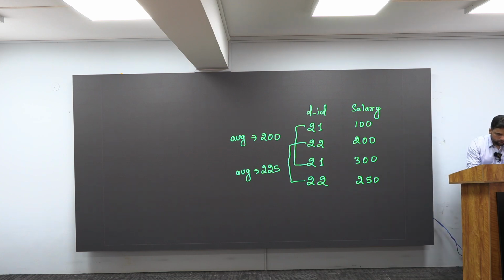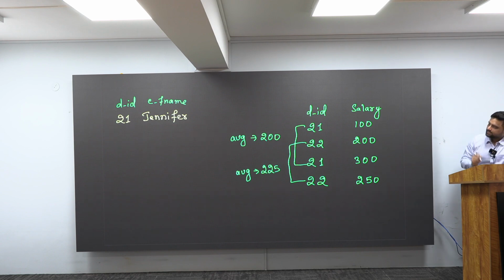Now we have one employee whose name is Jennifer, and her department ID is 21. This is the first name.